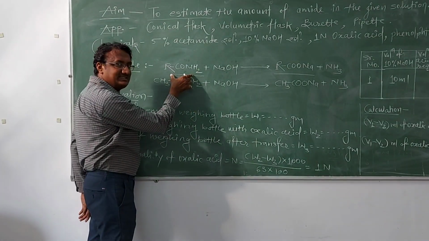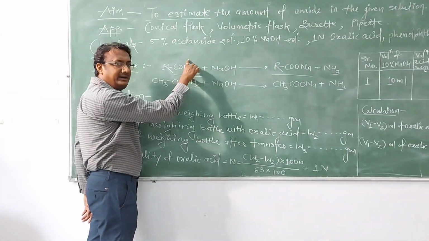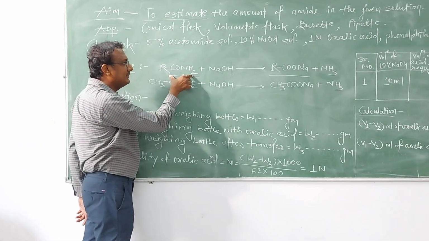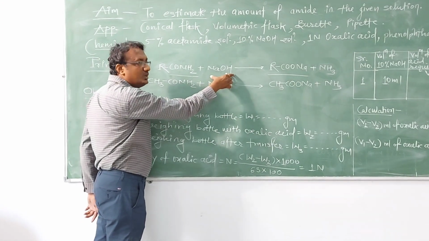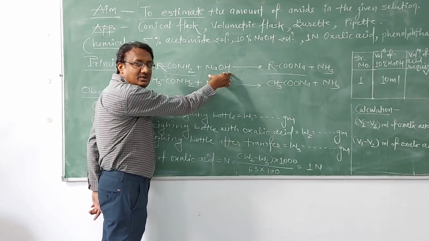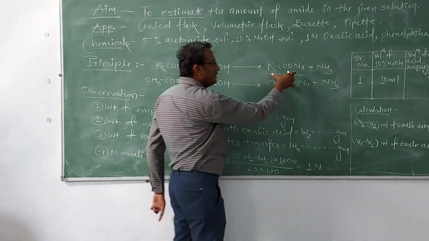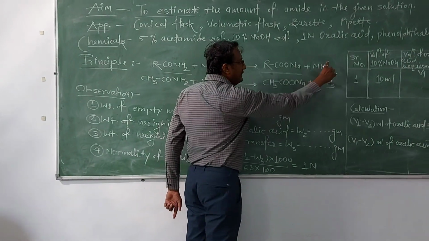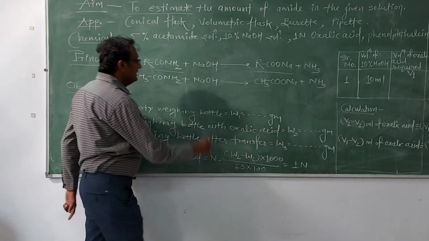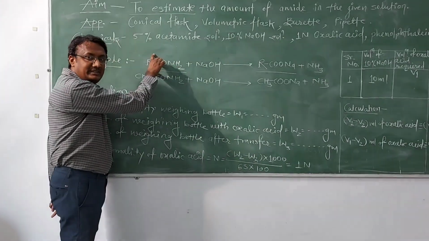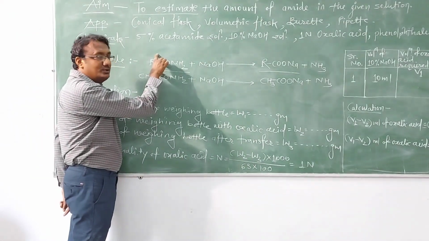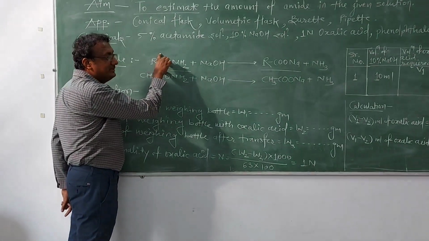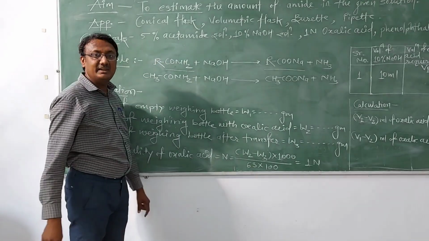Any amide compound, whether acetamide, benzamide or any other amide, undergoes hydrolysis in the presence of alkali to form a sodium salt and evolve ammonia gas. This hydrolysis is complete when all the ammonia gas has evolved, which is checked using red litmus paper.